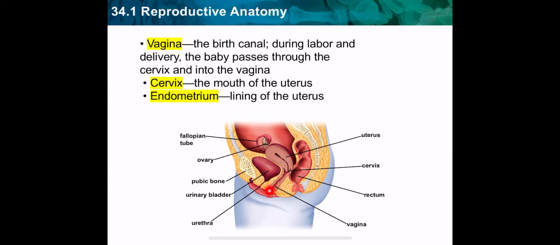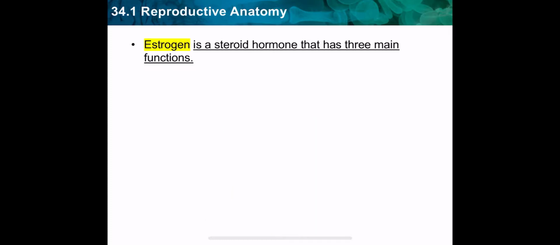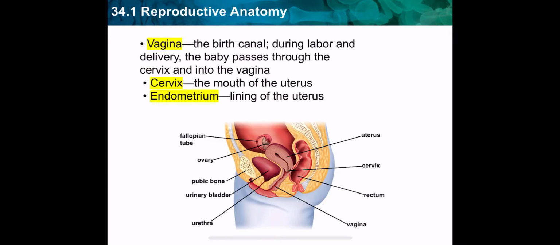After that, into the vagina, then out. Endometrium is the lining of the uterus. Here it is, this is the uterus. The lining of the uterus is called endometrium. It's composed of blood vessels.